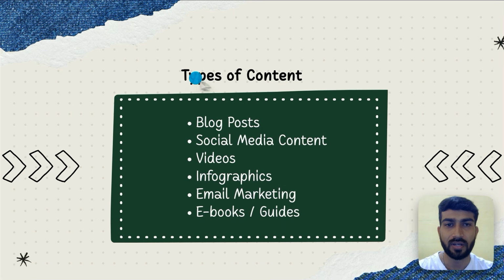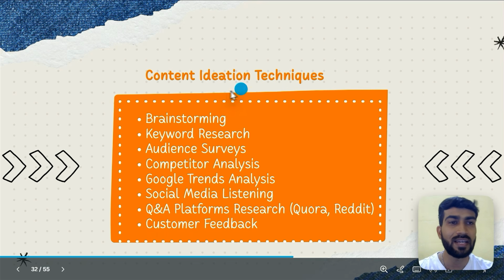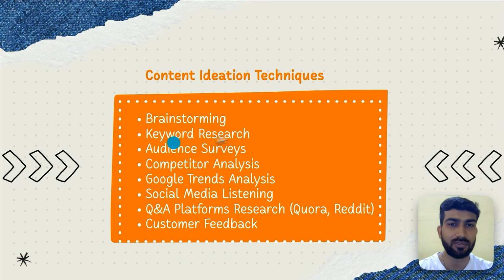Next is the type of content: blog posts, social media content, videos, infographics, and all, which we covered in the last slide. So how can we get ideas on what we need to create? We can do brainstorming, which means you assume what possible options we have.